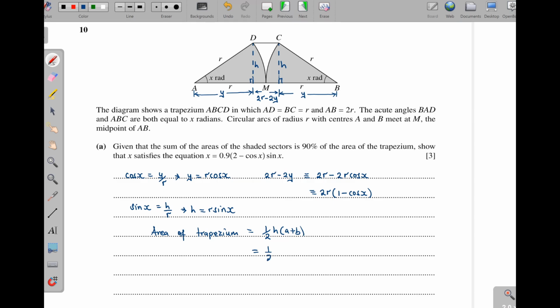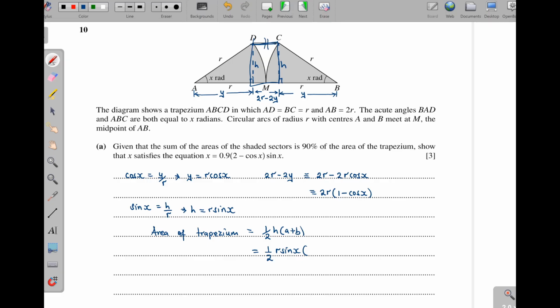So this is a half, and then our height is this one here, which is r sine of x. Then a is this one here, b is this one here, the two parallel sides. So this DC here is this one here, because this one is a rectangle, you can see.